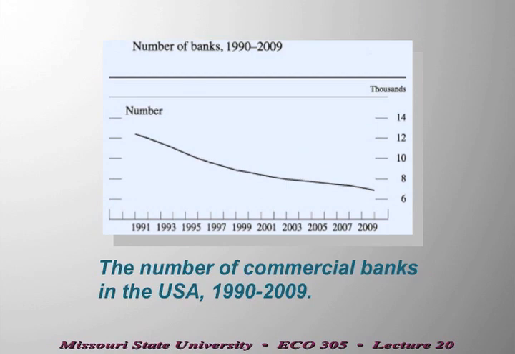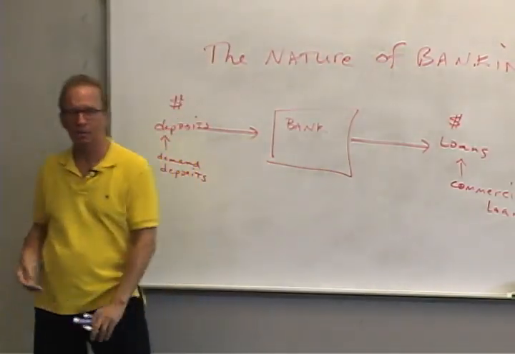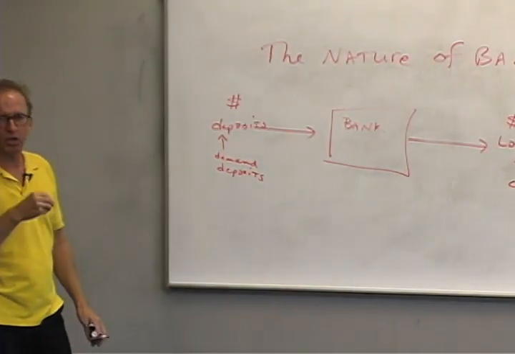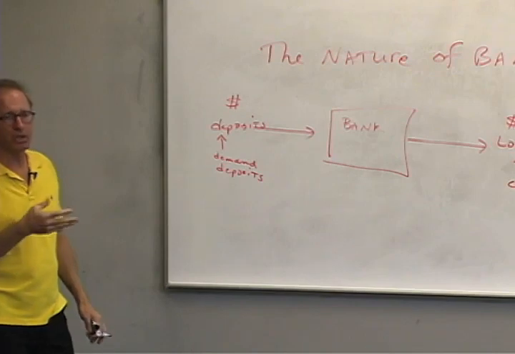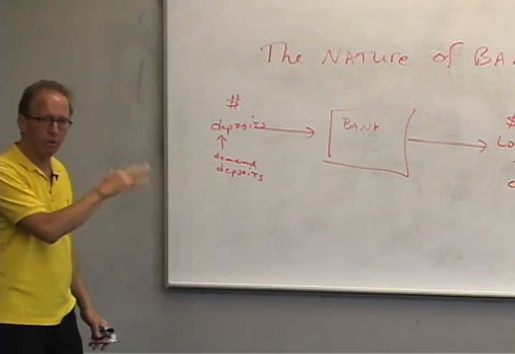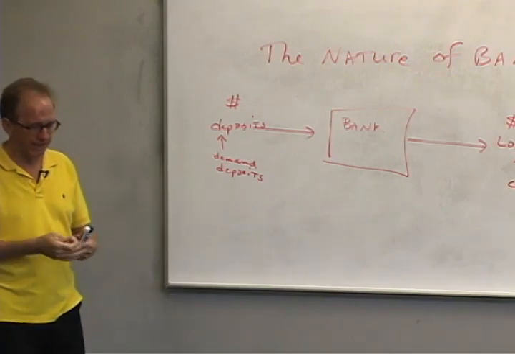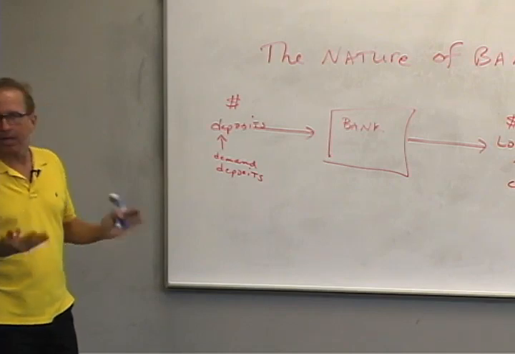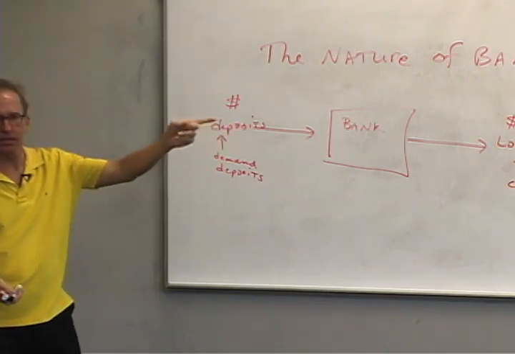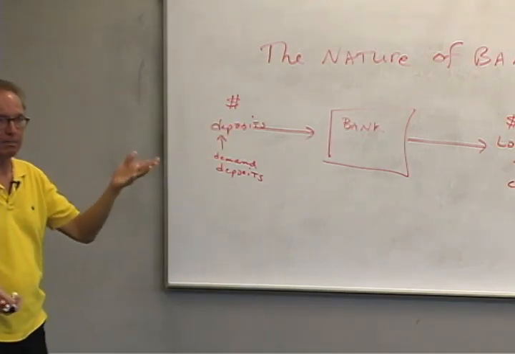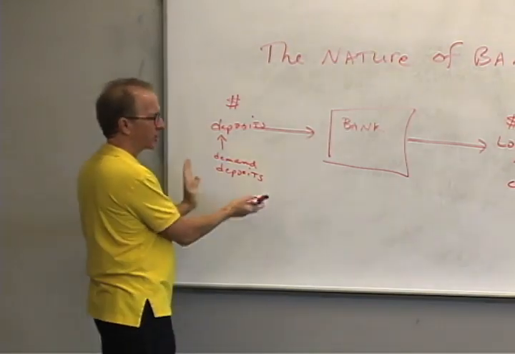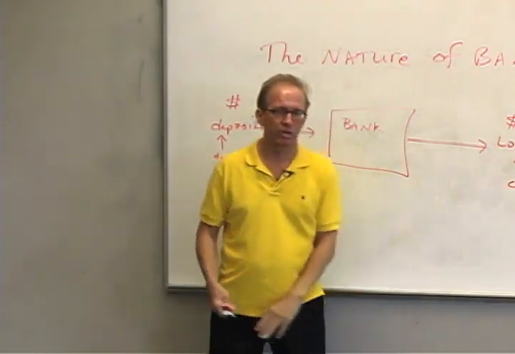In addition to that, there are other institutions that are not commercial banks, but they take in deposits and make loans of various types. Some people discussing banking will lump these other institutions, like savings and loans, credit unions and so forth, in with banks. And I'm not doing that. So when I say there are 7,000, 7,500 banks, I mean commercial banks that specialize in demand deposits and commercial loans.